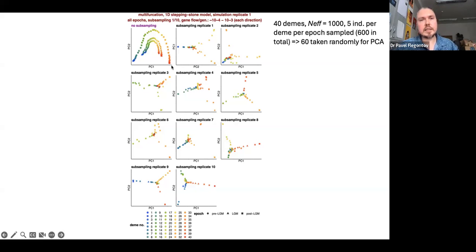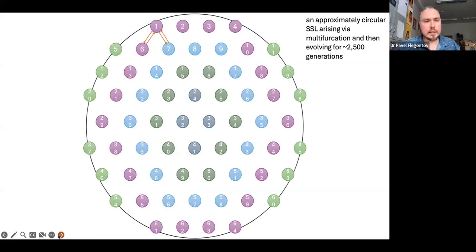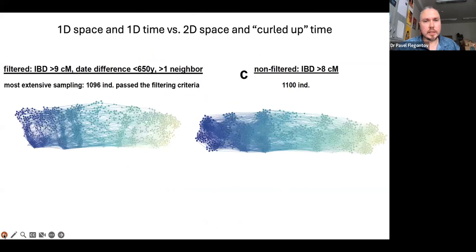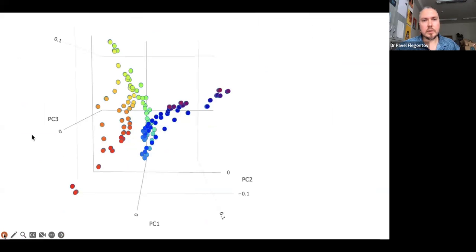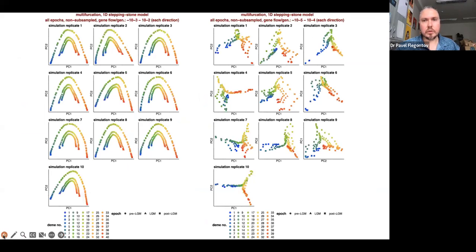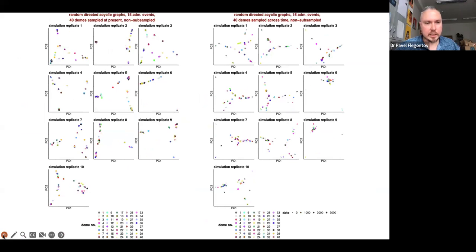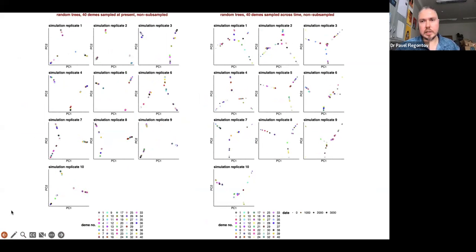And we see that this beautiful horseshoe pattern collapses into triangles and rays embedded into triangles. And we've already seen this pattern before, when we simulated admixture graphs and trees.